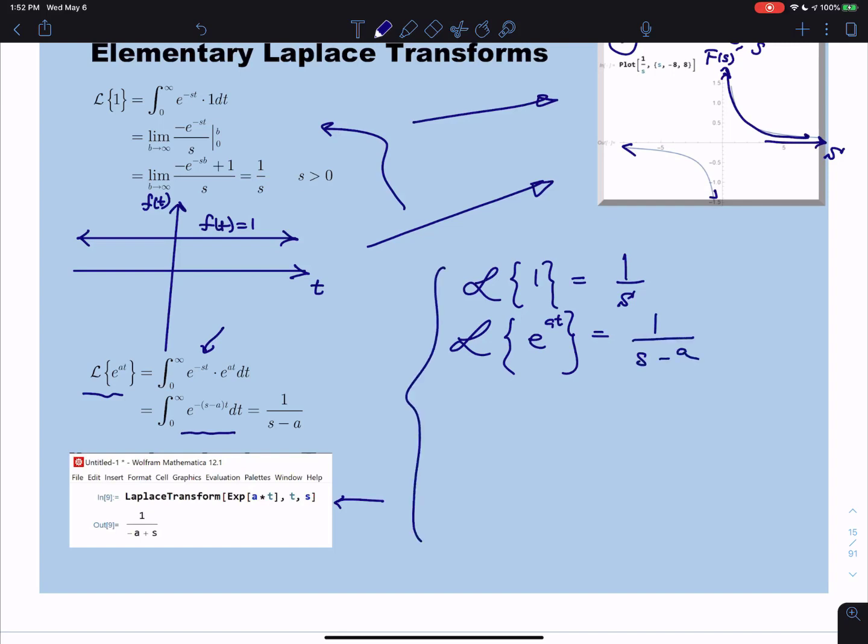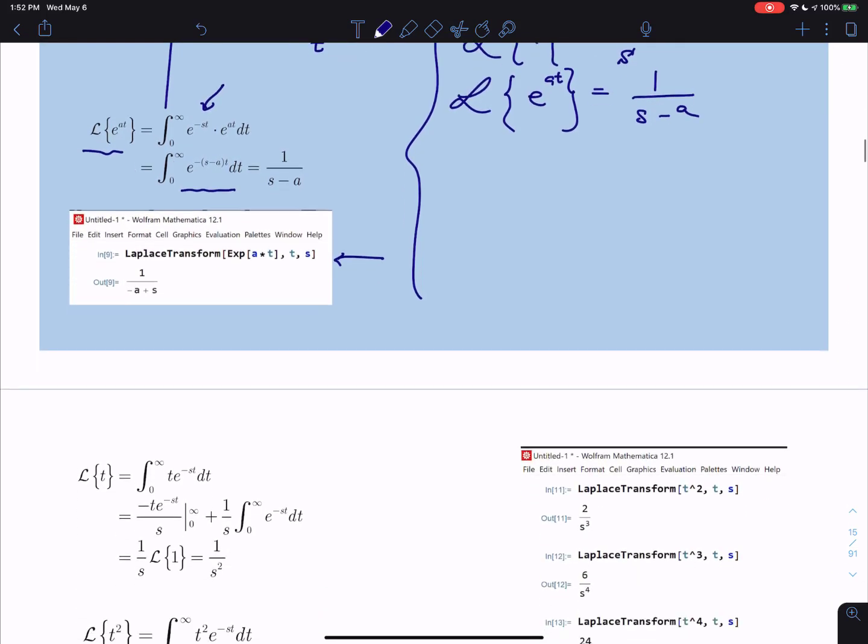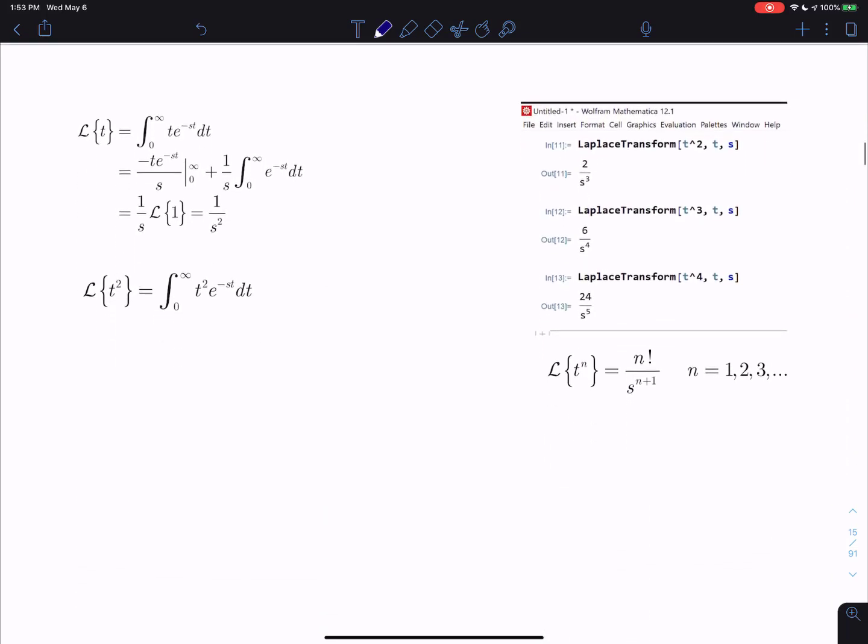So eventually you'll be creating a list of basic Laplace transforms that you'll just remember, so you could ultimately use them to find future Laplace transforms without having to go through the pain of the definition. However, if you're asked to find a Laplace transform using the definition, then you should do it. Let's do one more set of examples.